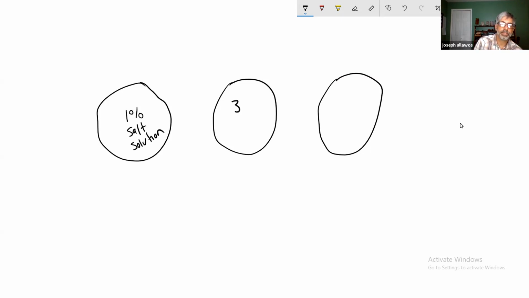And let's say the inside of another cell is 3% salt. And then another is 5% salt. So we have 3 different cells. They have different concentrations of salt inside of them. And then let's just say we bathe all of these cells in 3% salt.